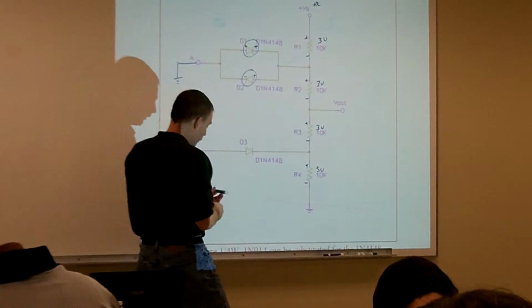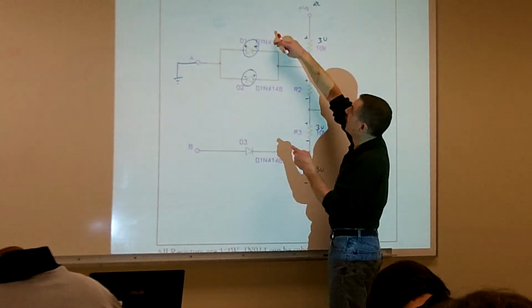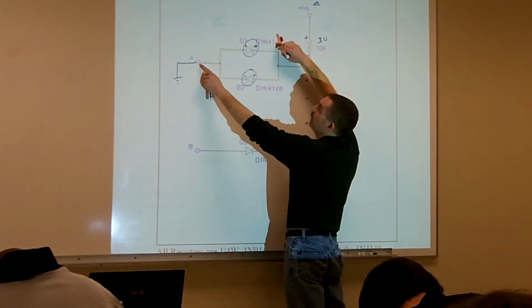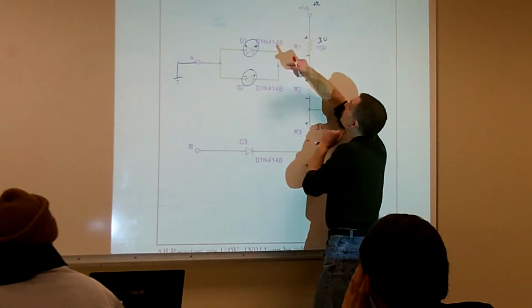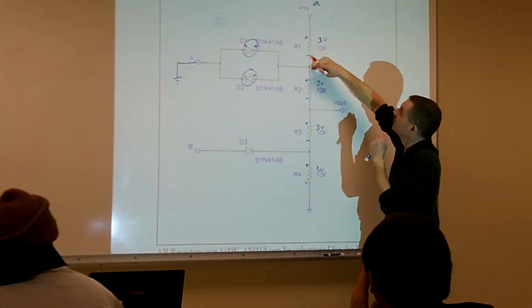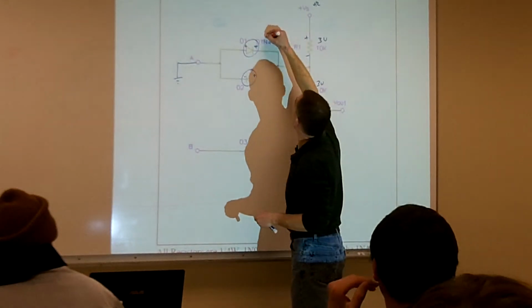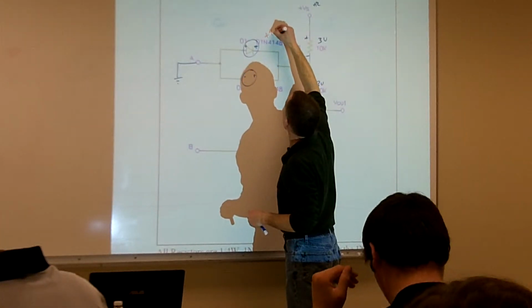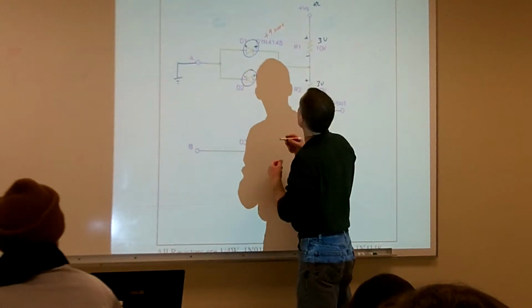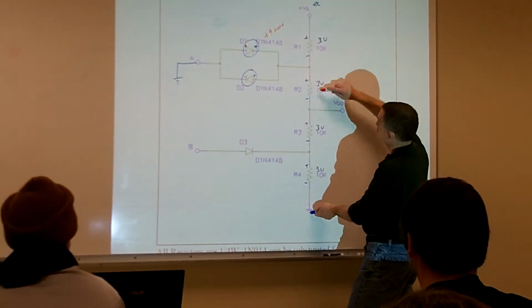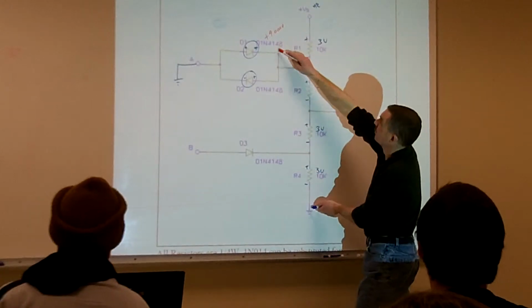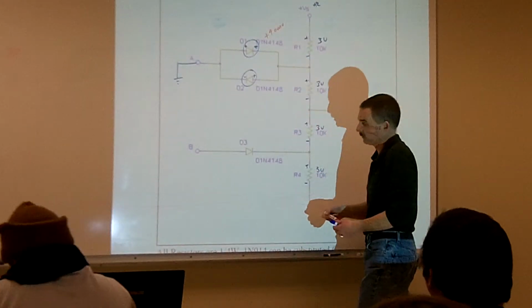All right, so what's my soft voltage going to be over on this side, on my cathode side? 9 volts. Yep. So I'm just figuring out what I would measure for voltage from here to here. Plus 3, plus 3, plus 3 gives me my 9 volts. So that's going to give me my 9 volts on that side.